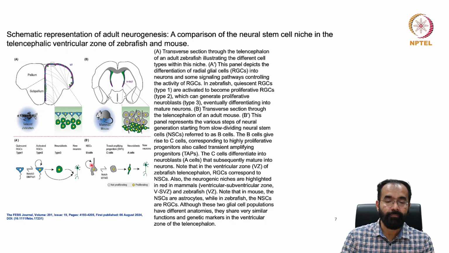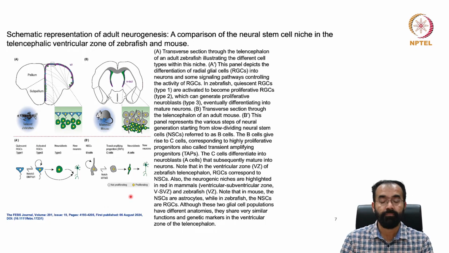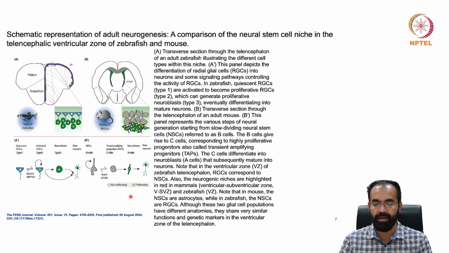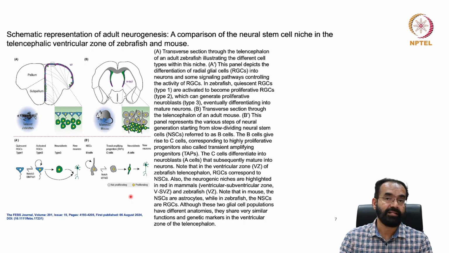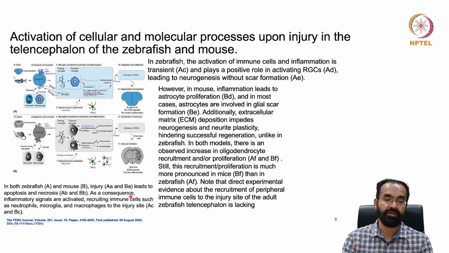Whereas in mouse, the B cells, because of Notch signaling, can give rise to a transiently amplifying population called TAPs, and they give rise to A cells, which is similar to the proliferating cells you see in the neuroblast, similar to what you see in the zebrafish, and the neuroblasts give rise to neurons. So this is the normal scenario which happens in both.